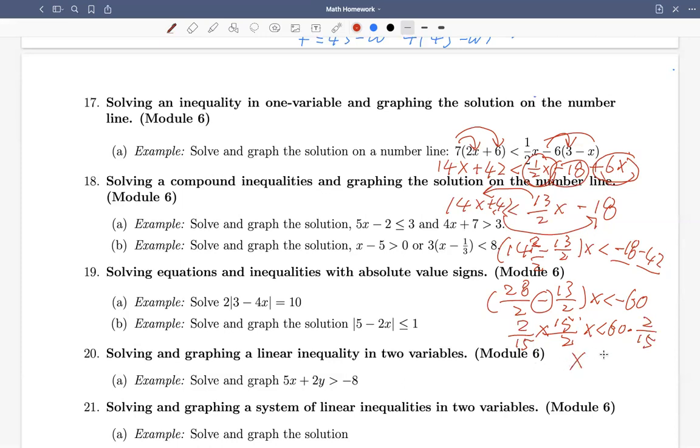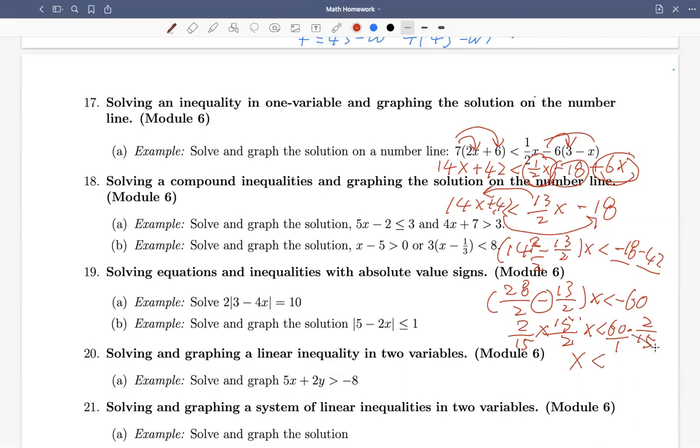So we just get x less than -60 times 2 over 15. How do we multiply those two numbers? We could do 2 times 60 to get 120, then divide by 15. We could do that, but there's an easier way.